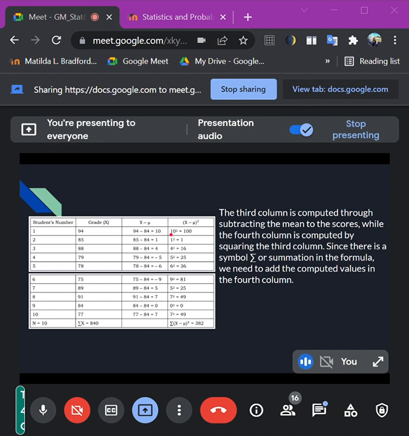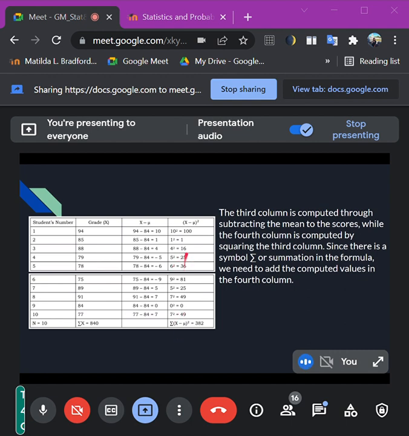You have there 10; 85 minus 84, 1; 88 minus 84, 4; and so on and so forth. Then we squared what we got here. So 10 squared, 100. 1 squared, 1. 4 squared, 16. And so on.